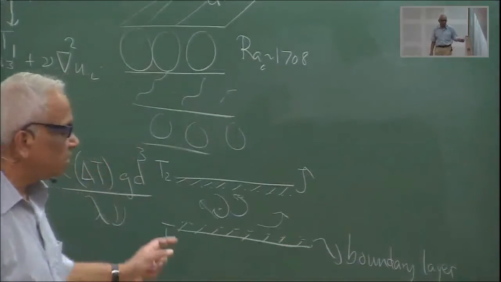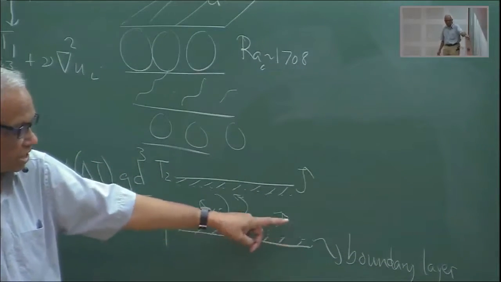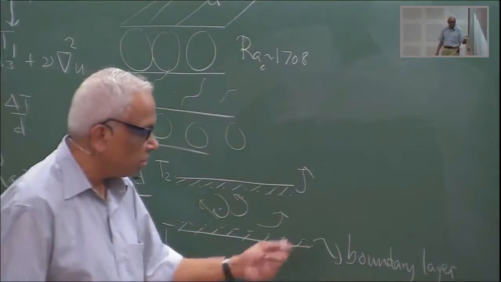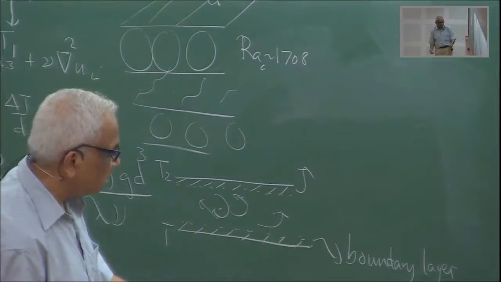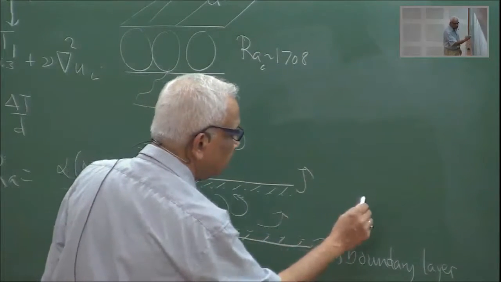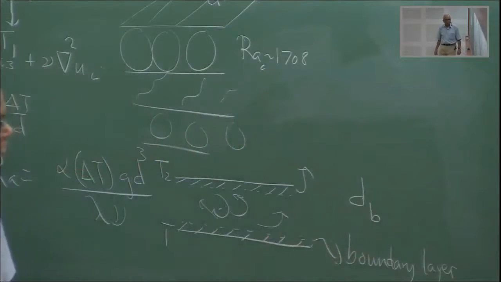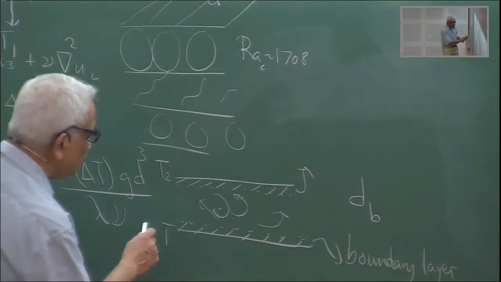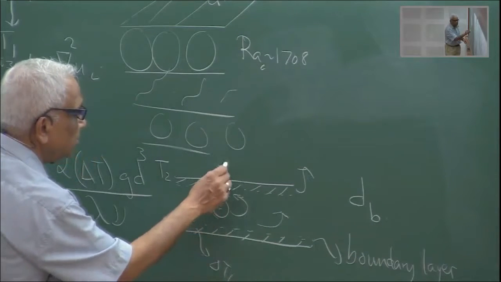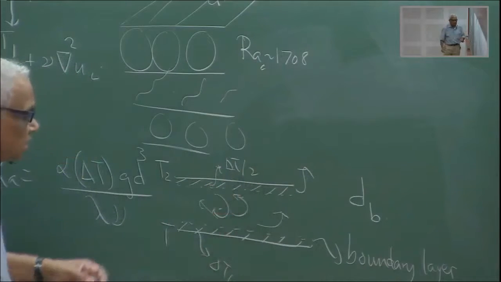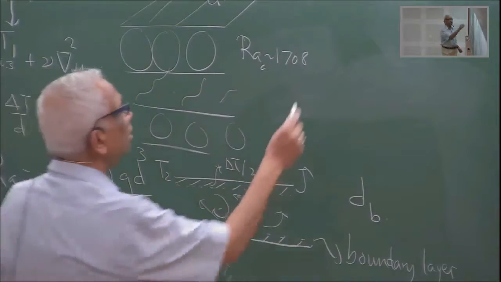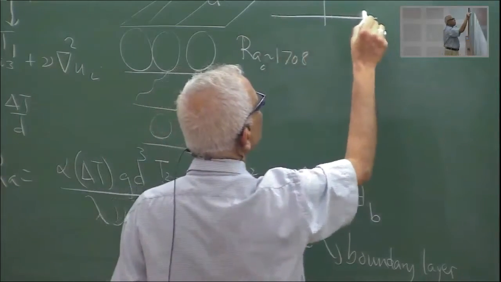In this, it's not a static situation, but a stable boundary layer. The convective process is not going on over here. That's the starting assumption. So there are two boundary layers, with thickness d_B for the boundary layer, and a temperature drop of delta T by 2 over here, delta T by 2 over here, and in between almost uniform temperature with deviation.